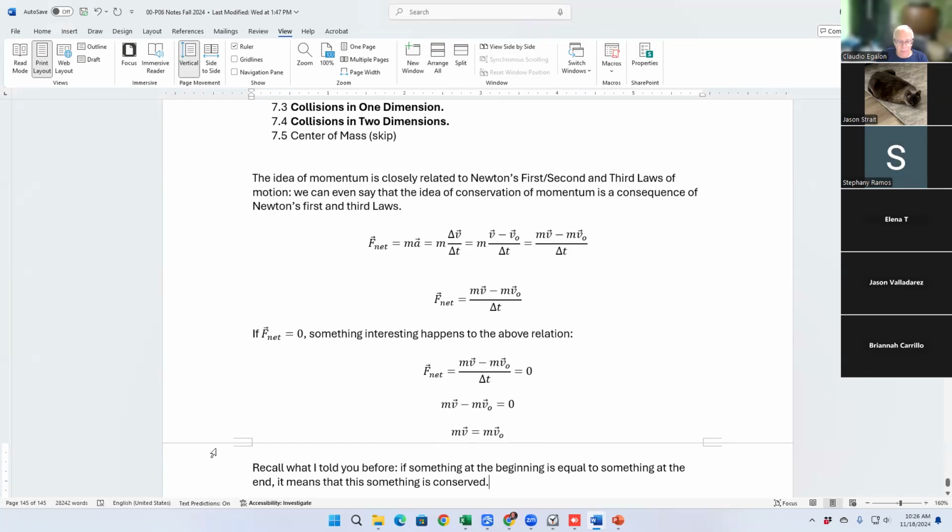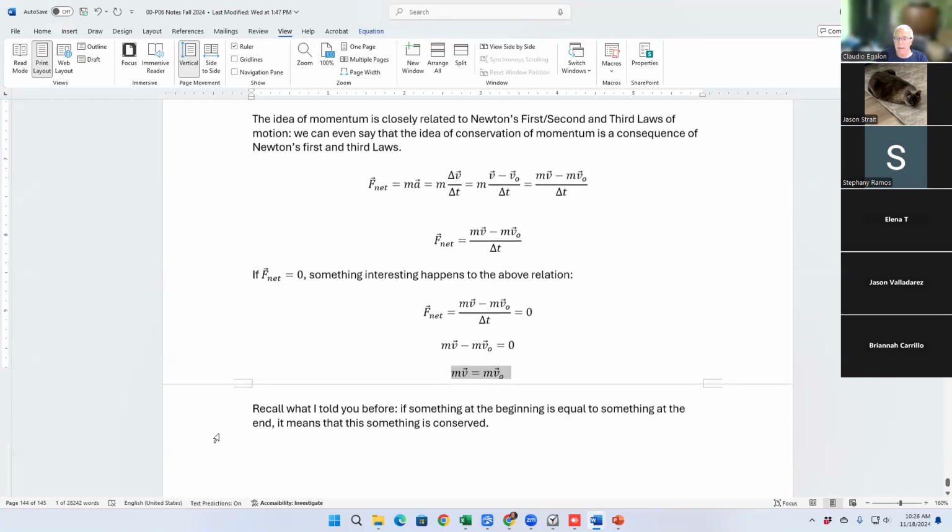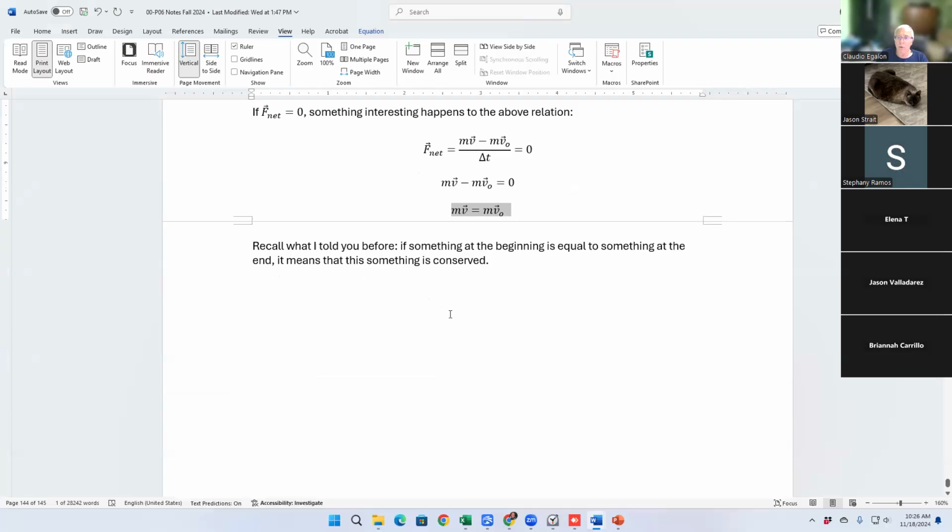And this quantity that you see right here, mv, is one of those quantities that get conserved when the net force is equal to 0.